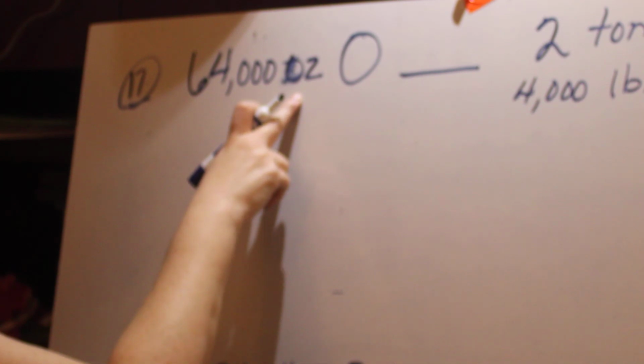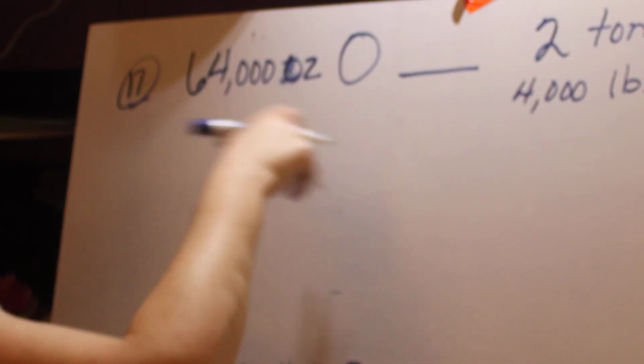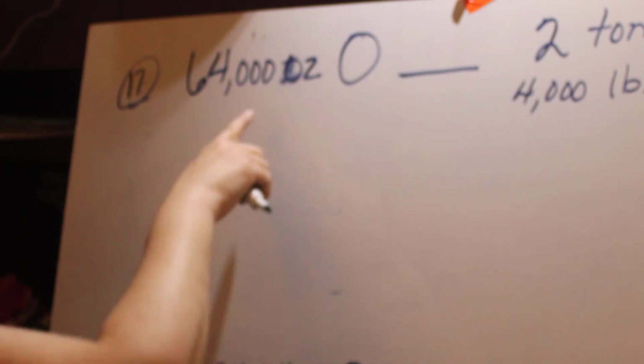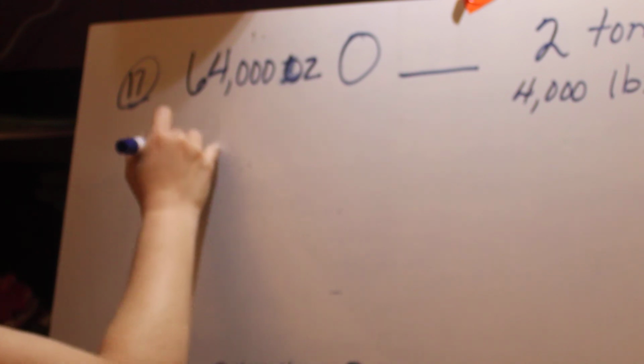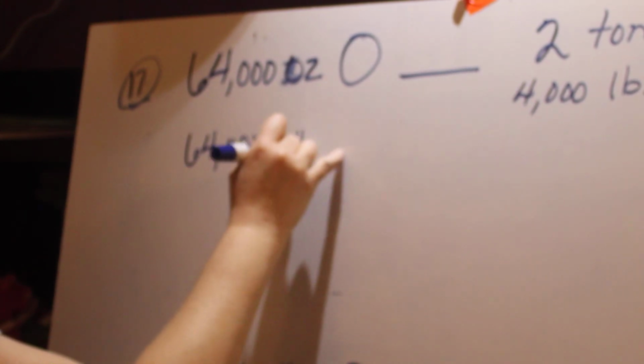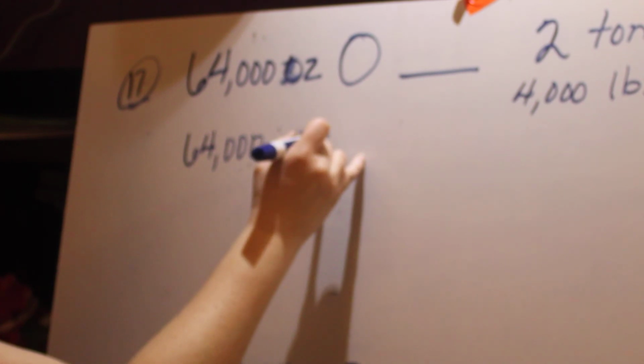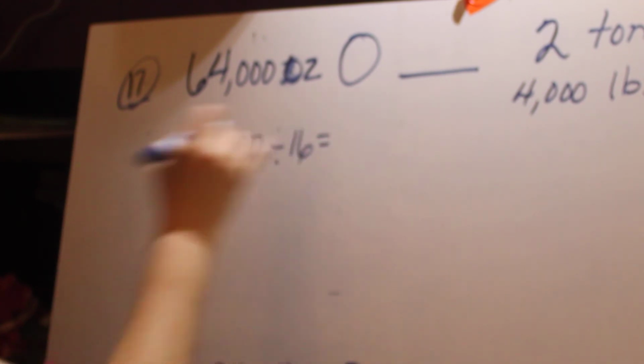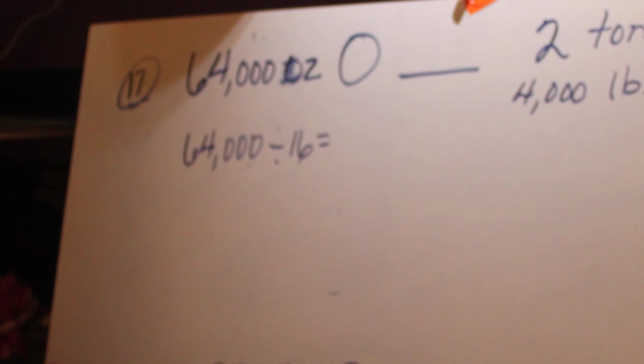I want to know ounces to pounds. Which one of these is greater? So I'm going to compare 64,000 divided by 16 ounces in a pound.